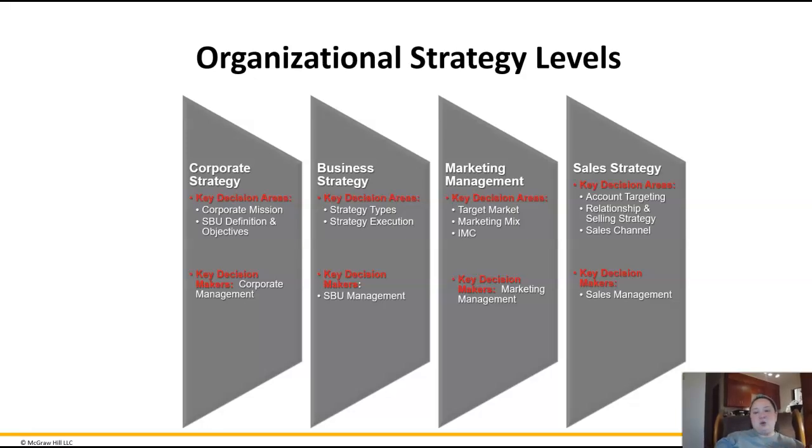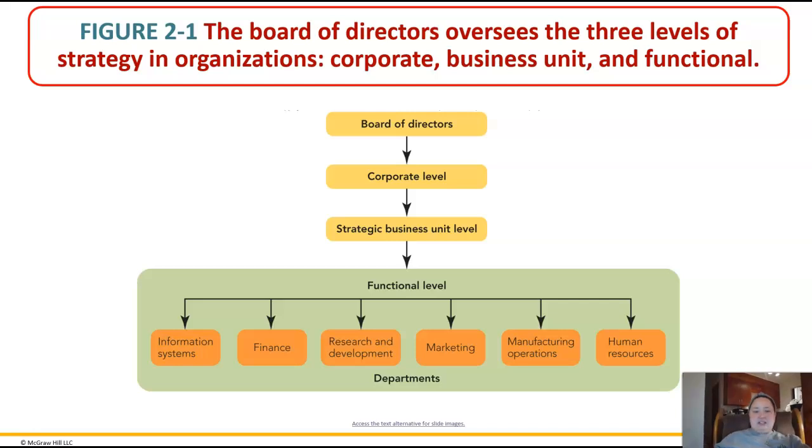And within those 4 Ps is sales. And this is, I said, is from my sales management class. So this last piece really isn't to do with your class, but just so you know, then it goes into your sales strategy. So you can see the functional levels across here.